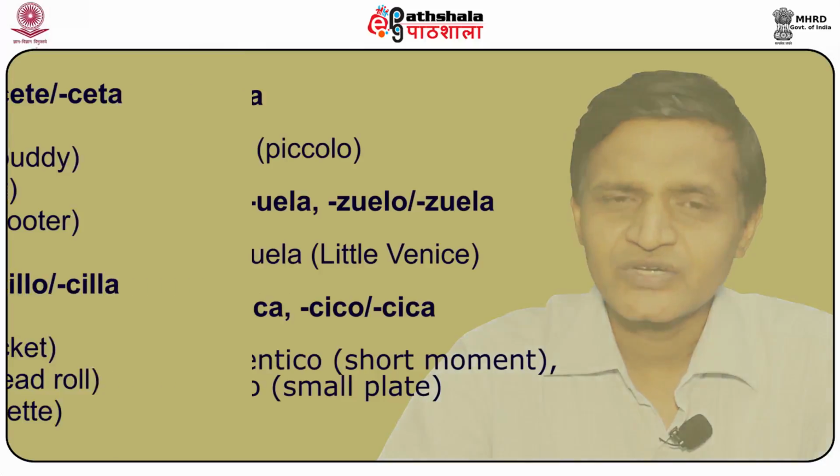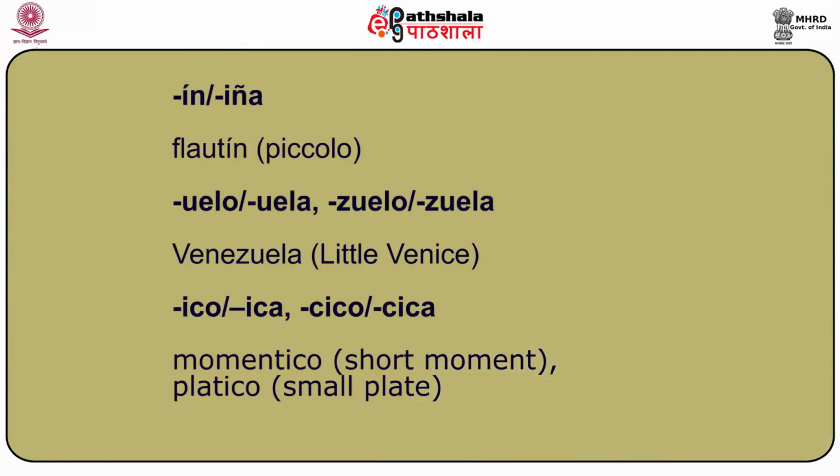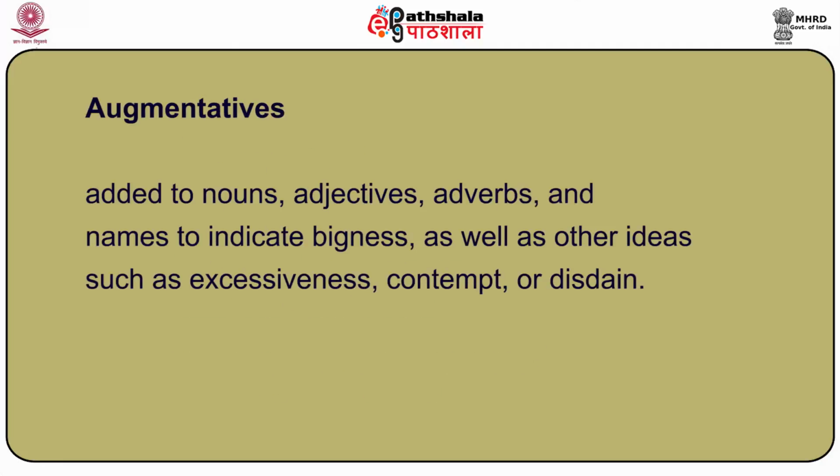So, the other endings that we can use with the diminutives are in and ina, flautín, piccolo, uelo or uela, suelo or suela. Venezuela is actually Little Venice. Ico, ica, chico, chica. Momentico, short moment. Platico, small plate.